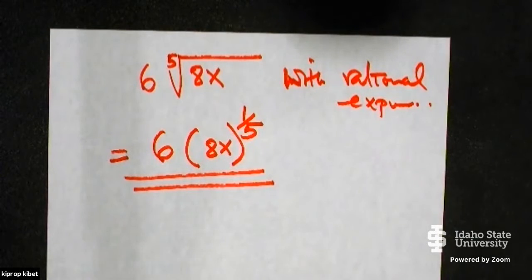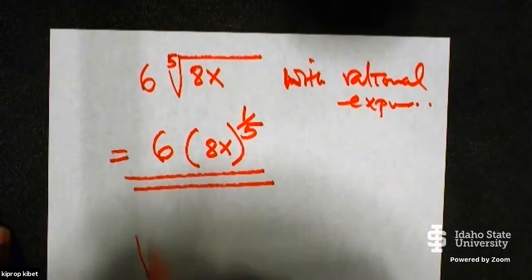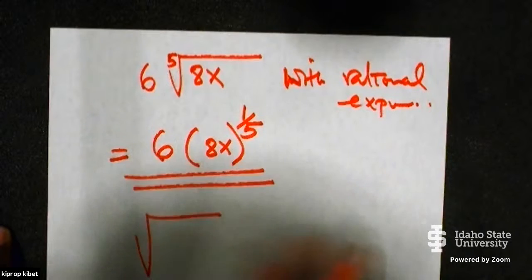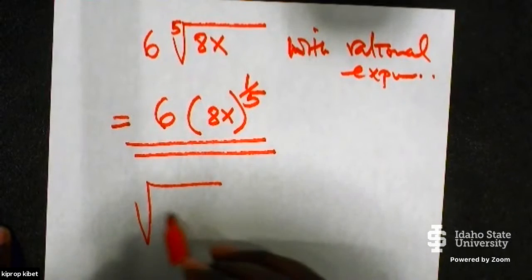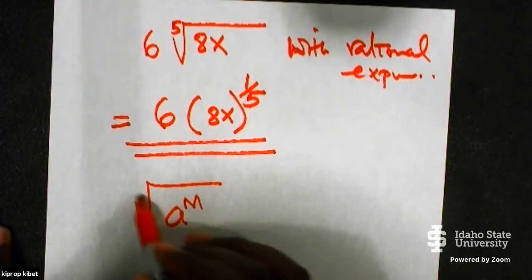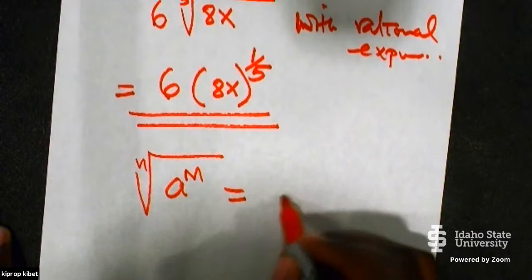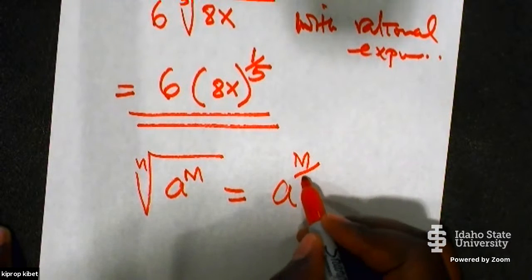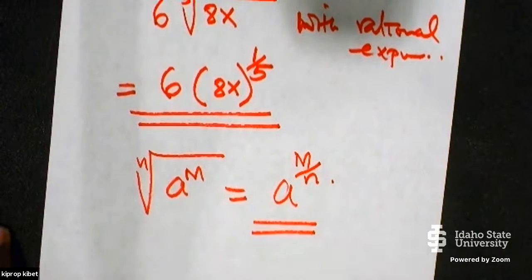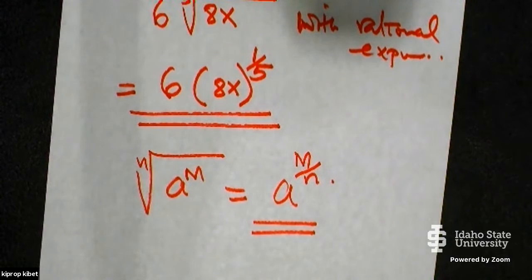So there are examples there which are similar on how to do this, as long as you know how to write in this form. If you're given a raised to m and then n in rational exponent form, this is similar to a raised to m all over n.